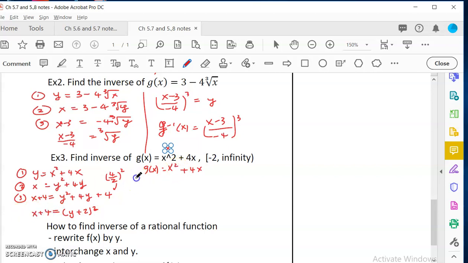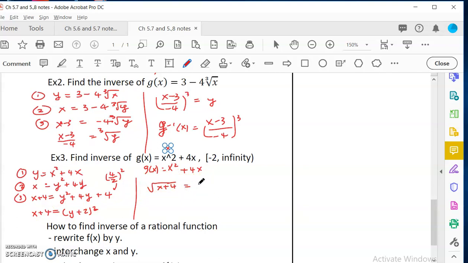Now you can see, instead of dividing or factoring, I take the square root on both sides, the square root of x plus 4. Because my domain says x has to be always greater than -2, this would always be a positive number. So when I do a square root, I do not have to do the negative one.